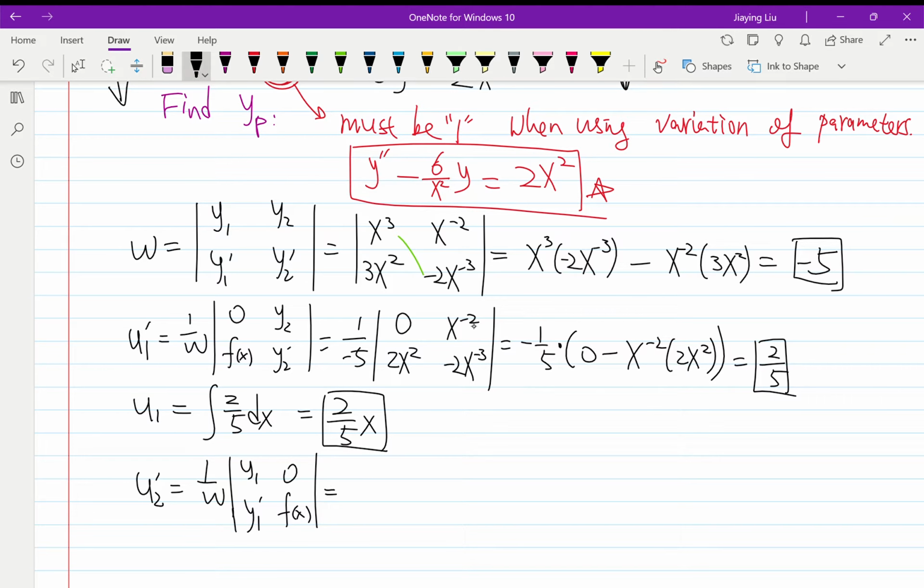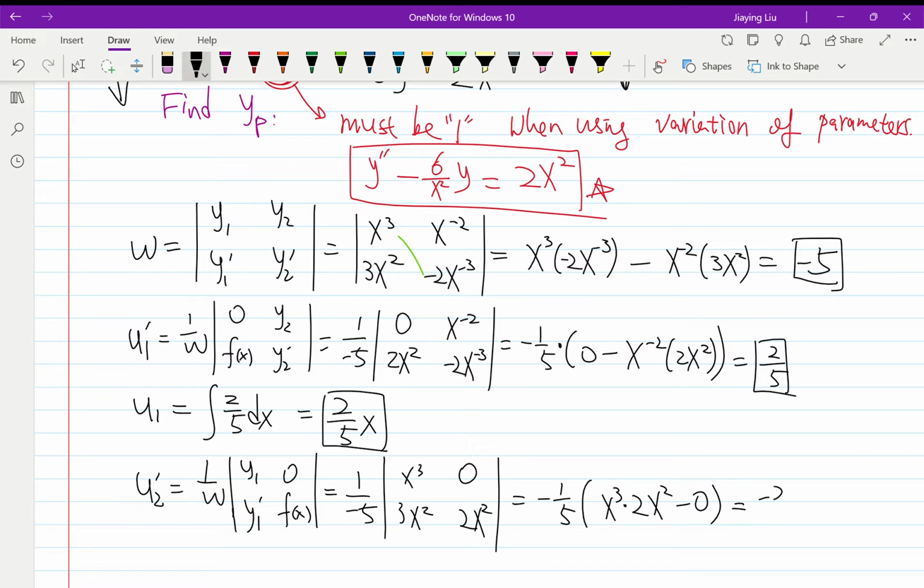So that's going to be 1 over negative 5 times the determinant of x cubed, 3x squared, 0, 2x squared. And that's going to be negative 1 over 5 times x cubed times 2x squared minus 0. That's going to be negative 2 over 5 x to the fifth.